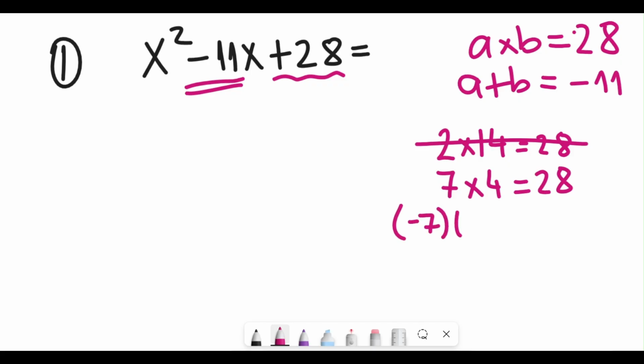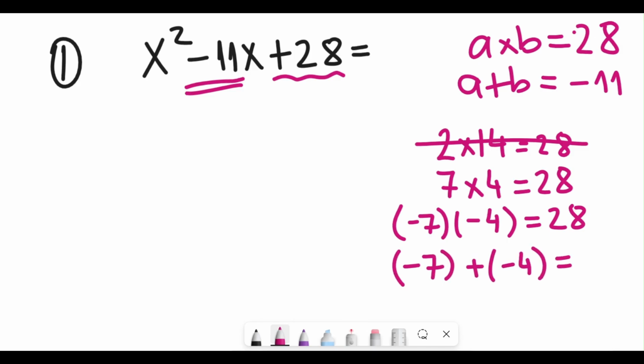Negative 7 multiplied by negative 4 will still give me 28. But negative 7 and negative 4, when we add them, will be negative 11. So the numbers that we needed are basically negative 7 and negative 4.